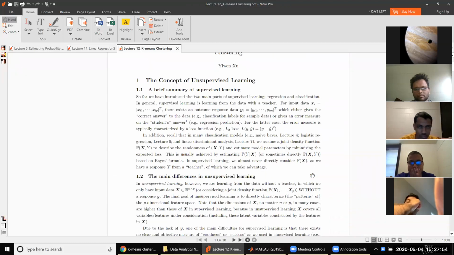A brief summary of the supervised learning is that we basically introduced 2 parts. The first part is classification. The second part is regression. And actually, you can see many classification methods, especially logistic regression, LDA, these kind of things, we operate in the form of regression, right? For supervised learning, we have a teacher.